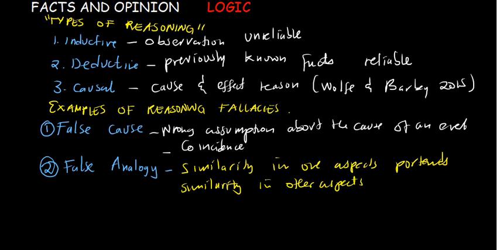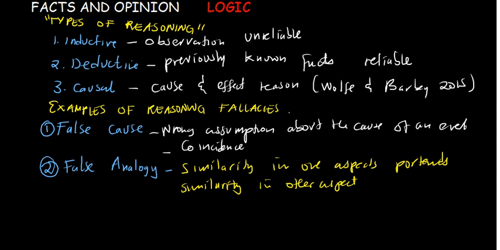Most of the time wrong decisions are made because you think if there is this thing here, then this other thing is also there. For example, you take that similarity in one aspect as also being similar in another aspect. Such is what we call false analogy. You take something falsely, it is not the right way. The similarity in this one aspect is not the same as the similarity in the other aspect. But because you think they are the same, you take them in that way. So those are what we call false analogies.